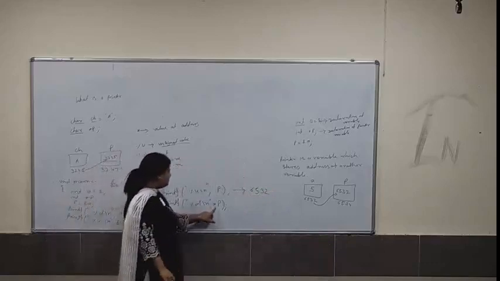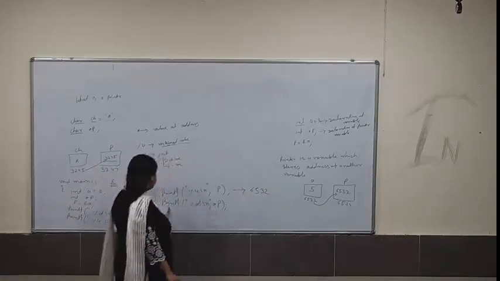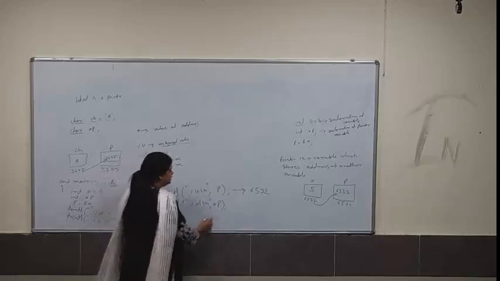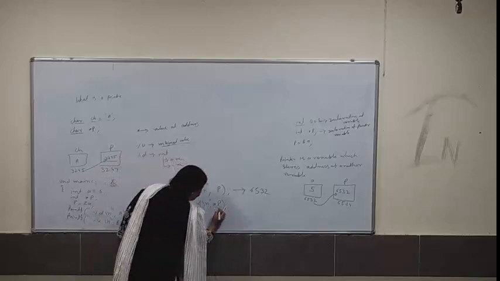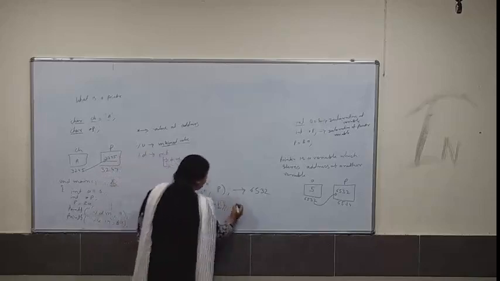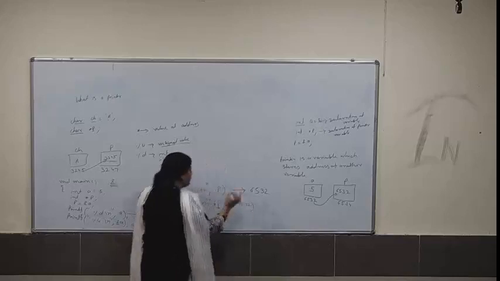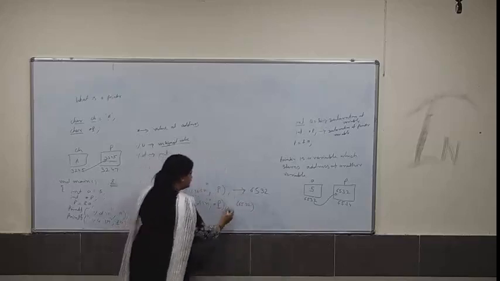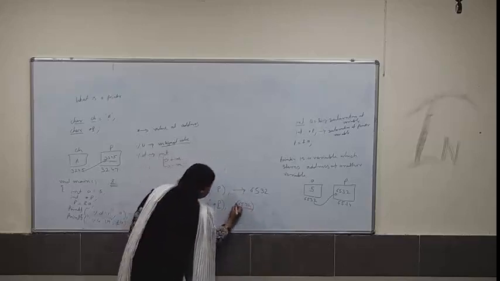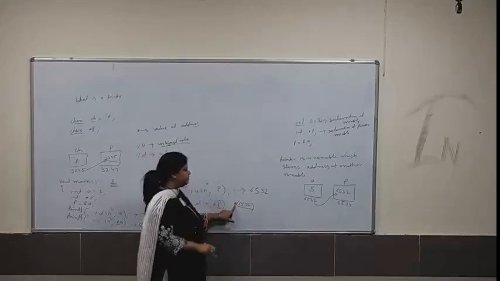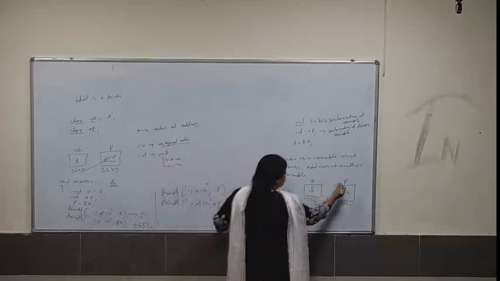Now, if I use this line, means if I say printf percent d slash n, star P, this means value at this, means P means what here? 6532. Now the value at that particular address, so put star here, then star brings that particular value. What is the P value?